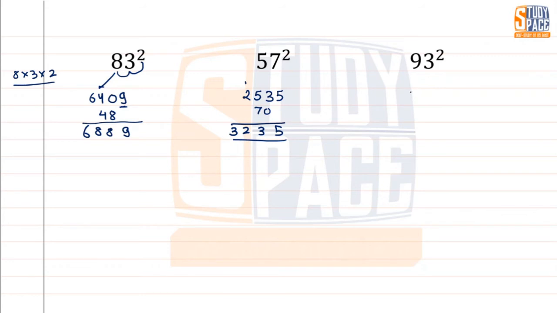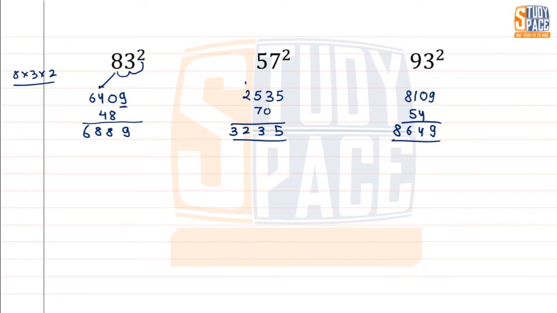For 9, 9 square is 81, then 3 square is 9, so I'll write 09. 9 threes are 27, 2 times is 54. Now simply we have to add it. So 8649 is the square of 93. In this manner I got all my answers.